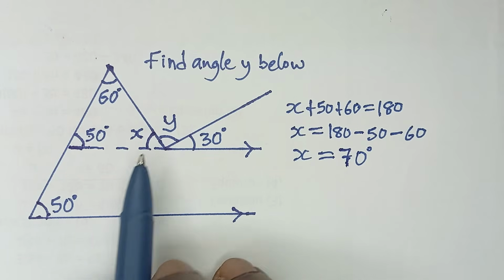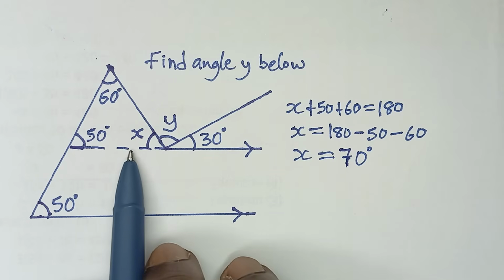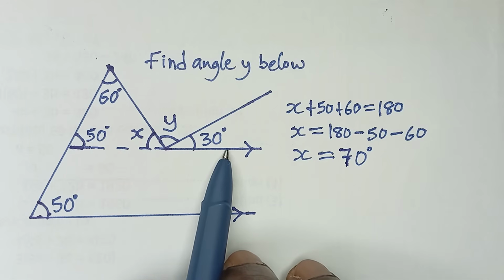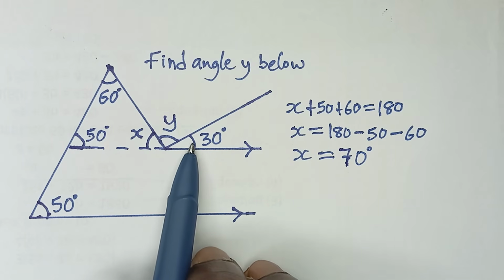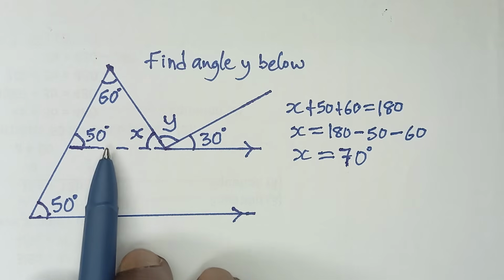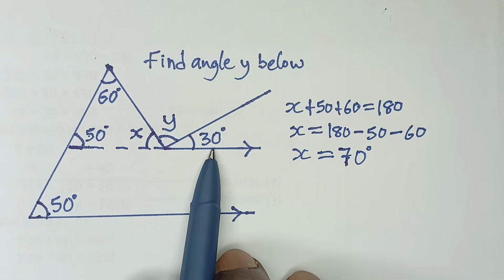So now, if you also look at this line here, this is a straight line. And at this point on a straight line, we have three angles here. We have angle x, we have angle y, and we have 30 degrees. So the sum of angles on a straight line add up to 180 degrees.